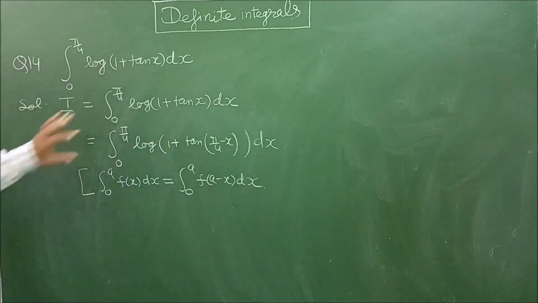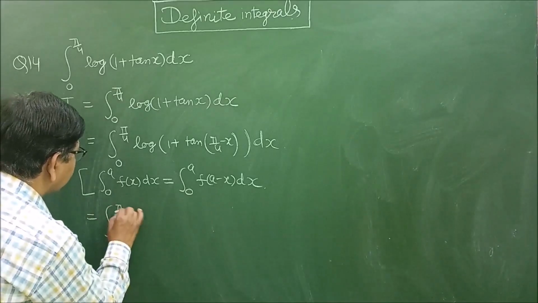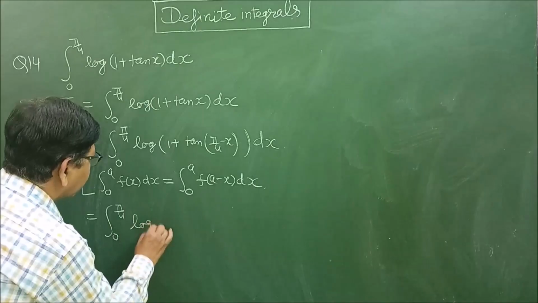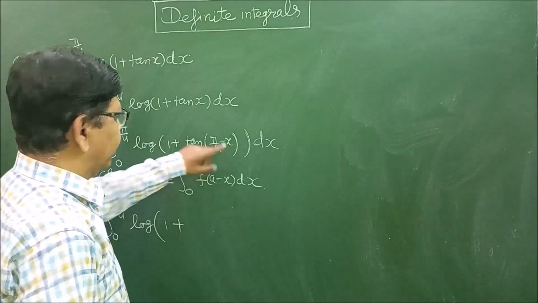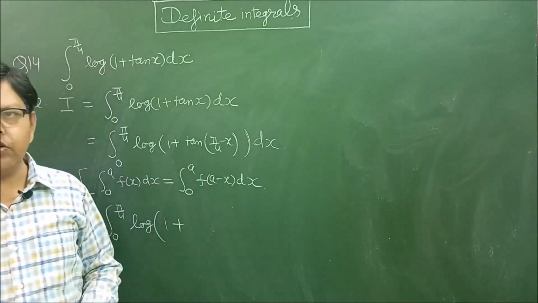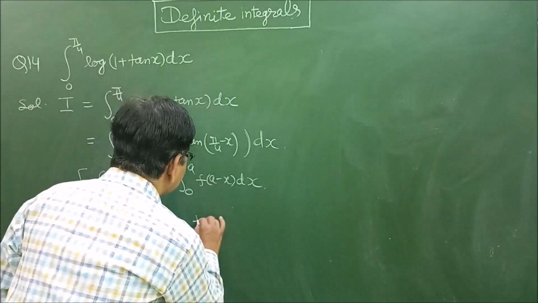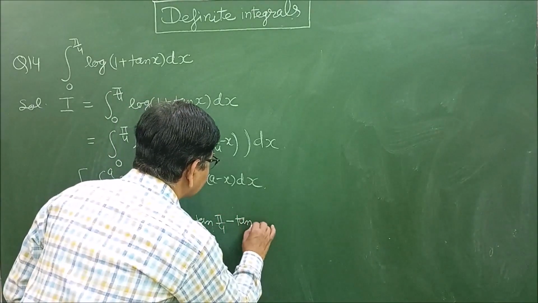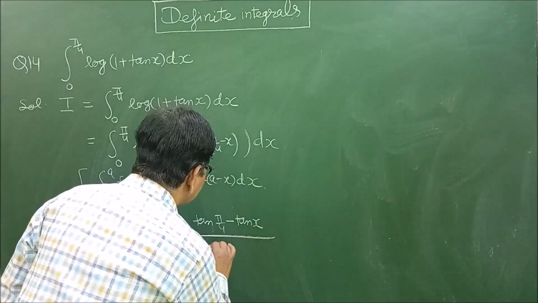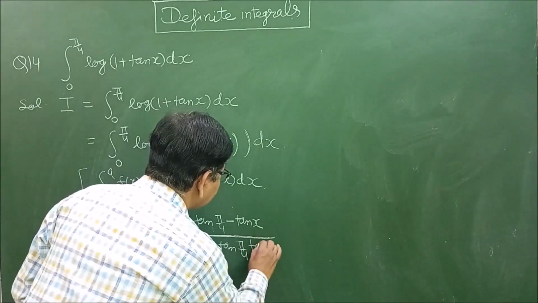Now let us simplify it further. So this definite integral is equal to 0 to pi by 4 log 1 plus, now using the formula of tan a minus b, tan(a minus b) is equal to tan a minus tan b upon 1 plus tan a tan b. So this is equal to tan pi by 4 minus tan x upon 1 plus tan pi by 4 into tan x dx.